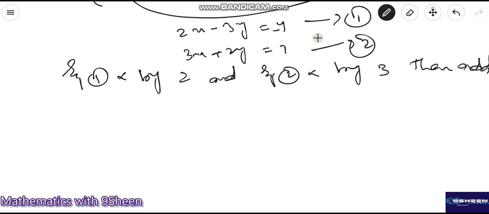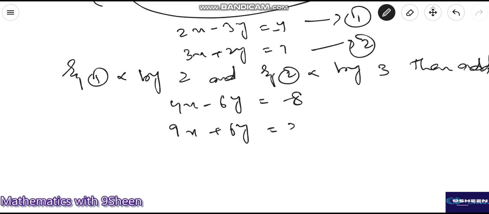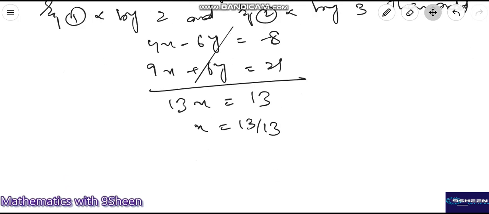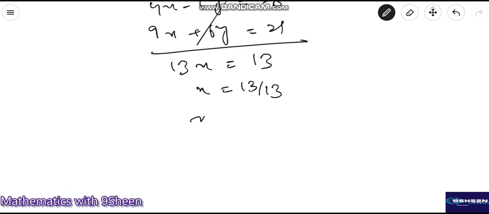When we multiply by 2, it is 4x minus 6y equals minus 8. Multiplying by 3, we get 9x plus 6y equals 21. Plus 6y and minus 6y cancel out. 9 and 4 make 13x, and 21 minus 8 is 13. Now x will be 13 by 13. What is your x? X will be 1.